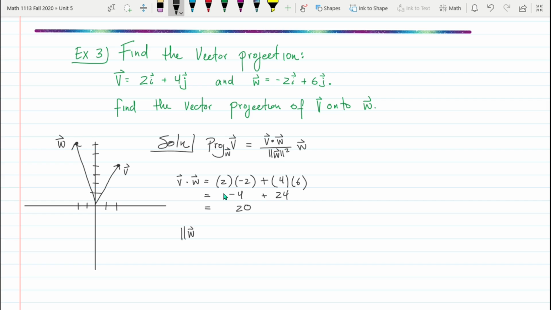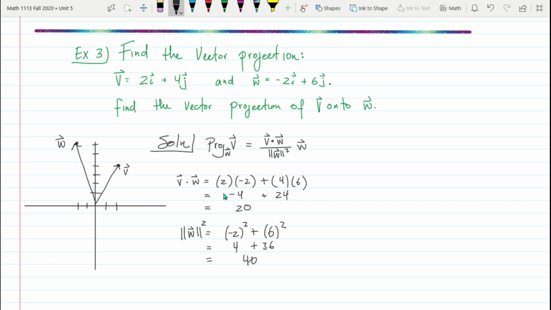The magnitude of w squared would be the same thing as this, and that is essentially -2 squared plus 6 squared. So 4 plus 36 equals 40.